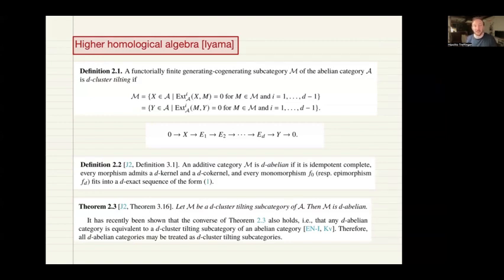Very recently, in 2 independent works, one by Ebrahimi and Nasr-Isfahani, and another by Sondre Kvamme, they have shown that every d-abelian category can always be seen as the d-cluster tilting subcategory of some abelian category that you build with that purpose.